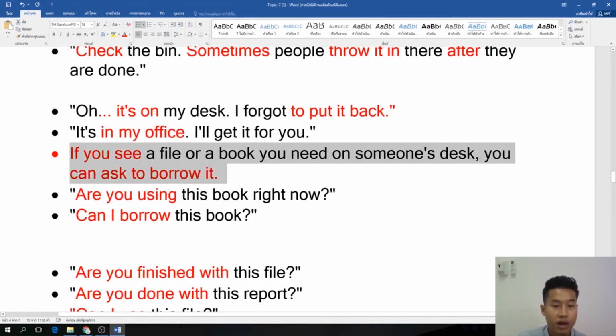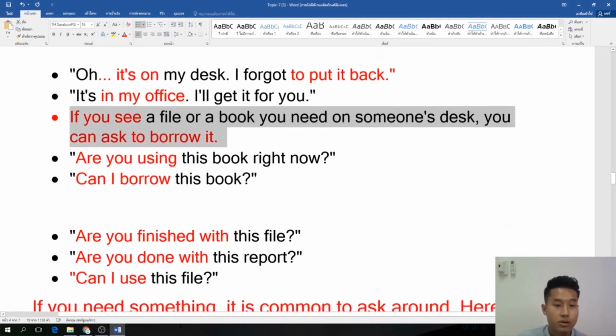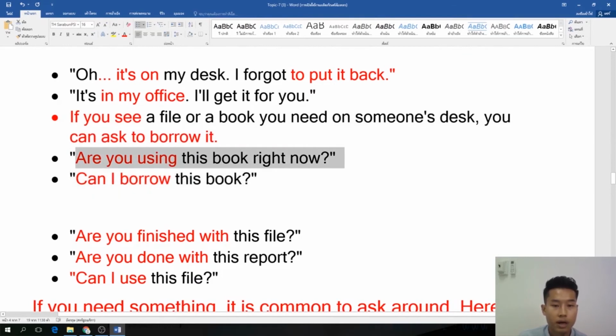Okay, if you see the file or book you need on someone's desk, you can ask to borrow it. Are you using this book right now?